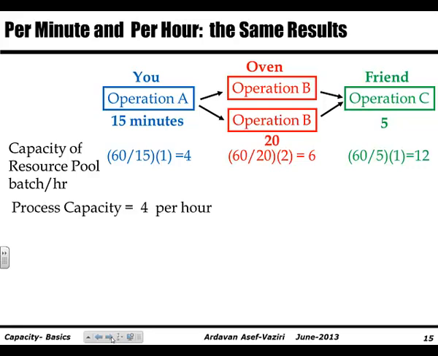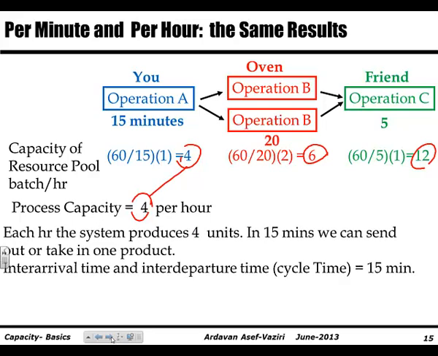And therefore, the capacity of the process is equal to the minimum of these 3 numbers, which is 4. The first operation is the bottleneck. Each hour, the system can produce 4 units, and 1 hour is 60 minutes. Therefore, 60 divided by 4 is 15.